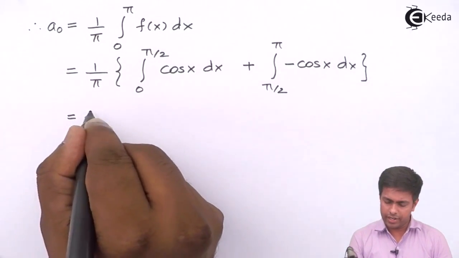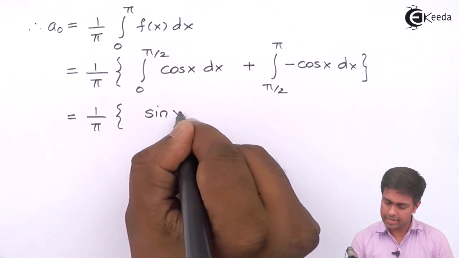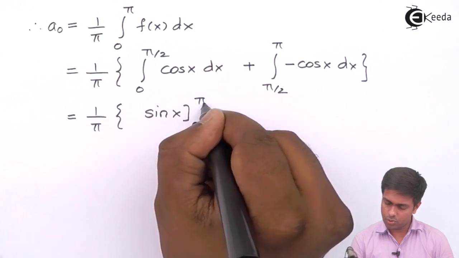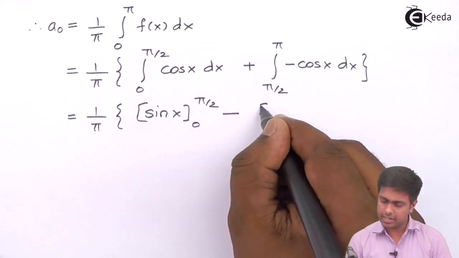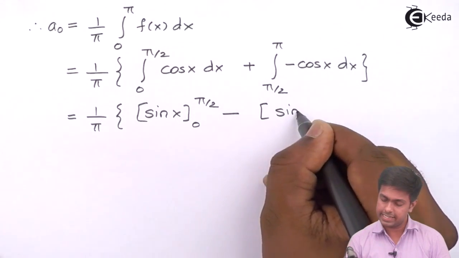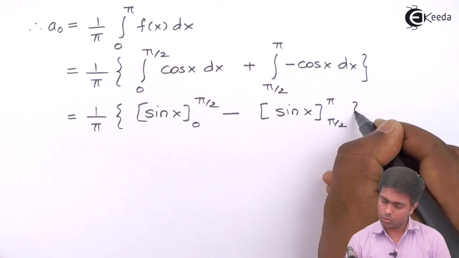Now let's evaluate the integration. 1 by pi as it is, integration of cos x is sin x from 0 to pi by 2, plus minus outside, integration of cos x is sin x, again pi by 2 to pi.